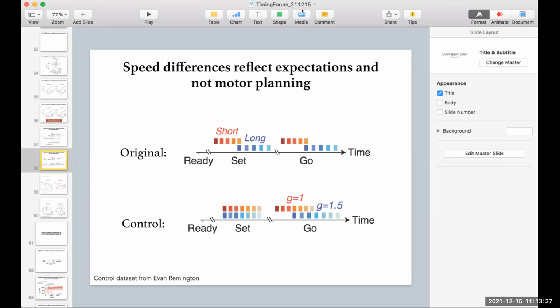Now, I wouldn't necessarily know where to put motor imagery in that category, but what I can tell you is that whatever happens between the ready set, even if it's motor imagery, it seems like it's not being updated at the same time as what the motor system is doing during the set go. And to me, that's a very interesting result, which we haven't fully understood.